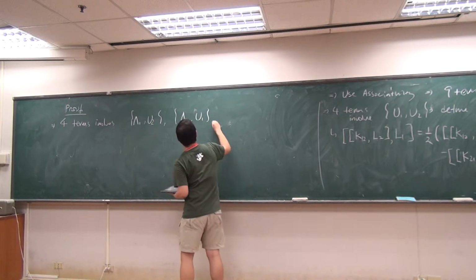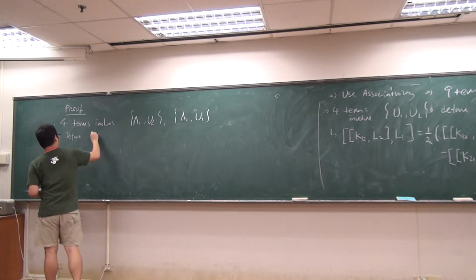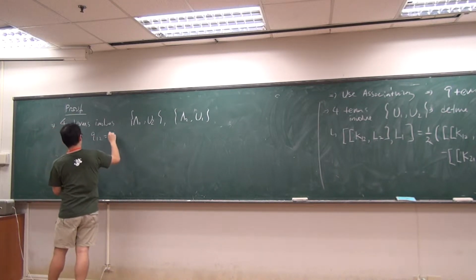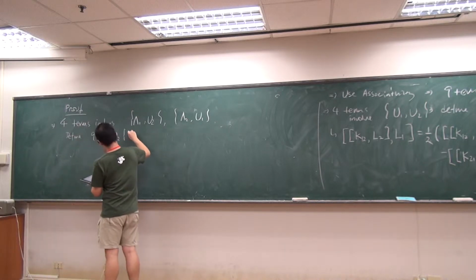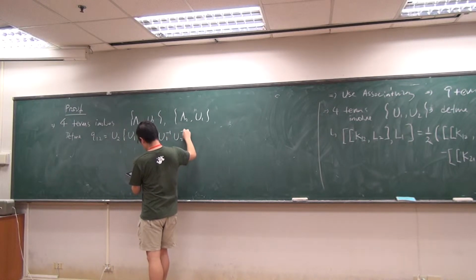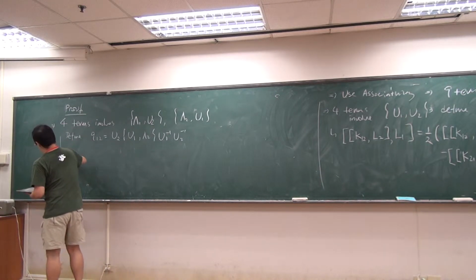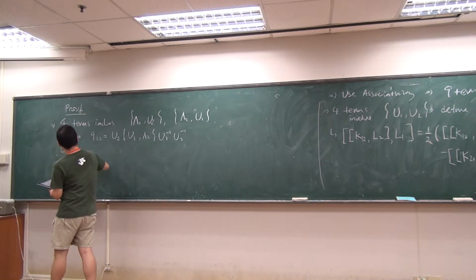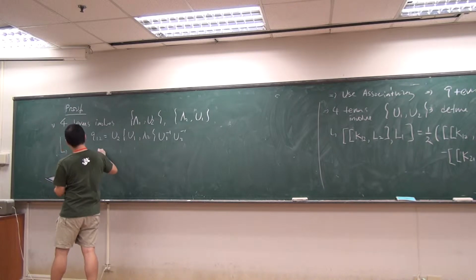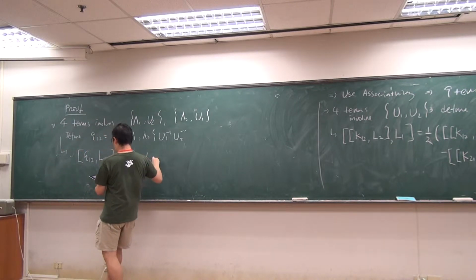So again, we can define Q12, which goes like U2, Poisson bracket U1, lambda 2, U1 minus 1, U2 minus 1, and combine them into basically Q12 L1 minus Q21 L2.